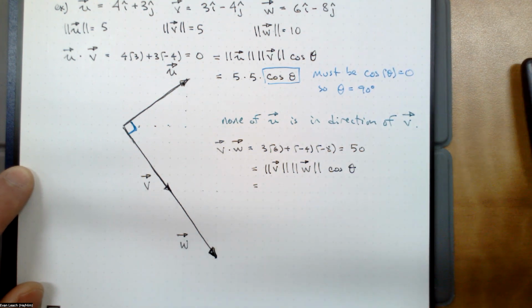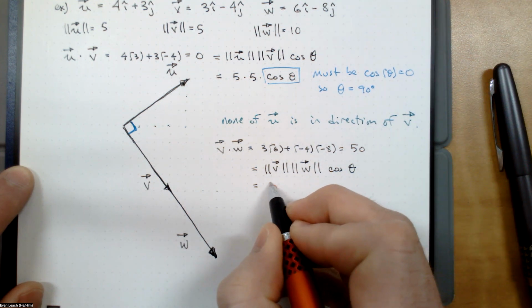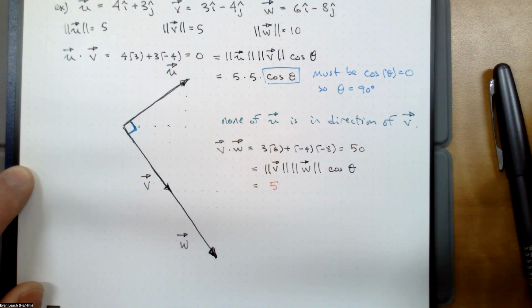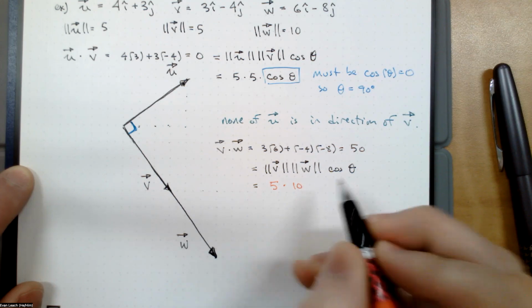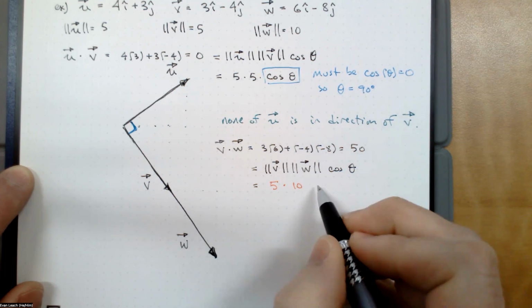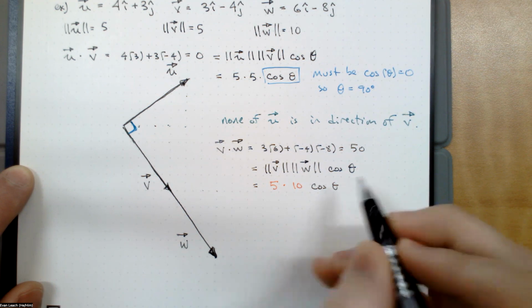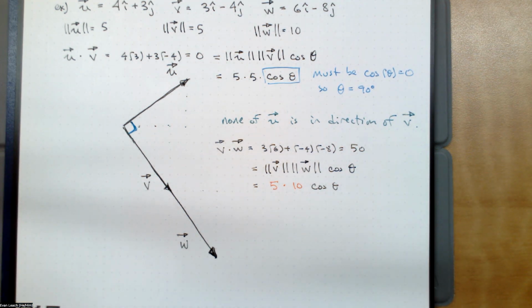Since the magnitude of v is 5 and the magnitude of w is 10, that means that the cosine of theta part must be equal to 1.